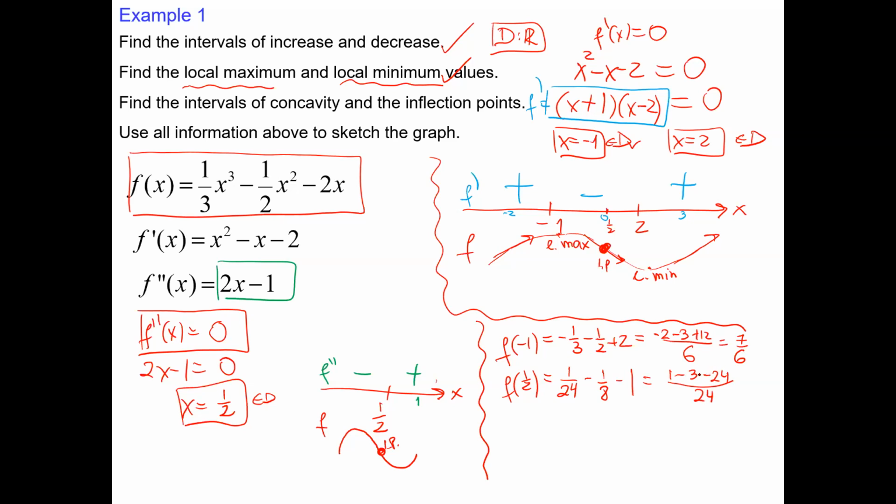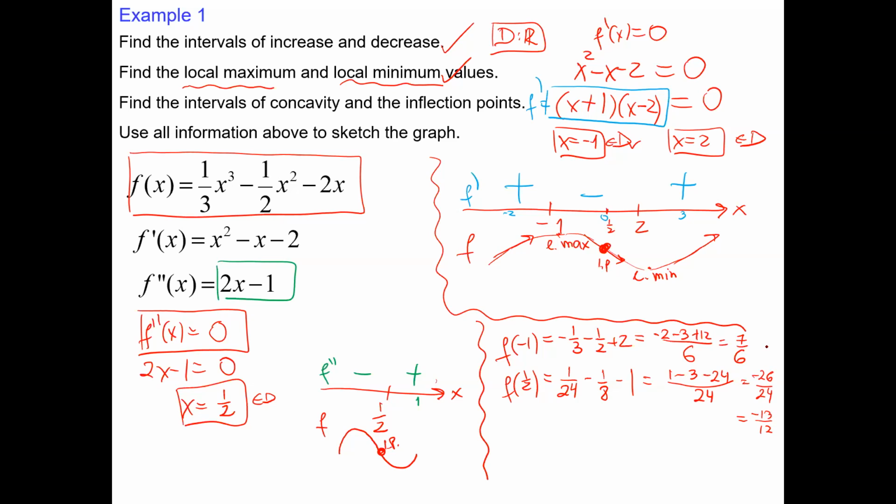Actually, is this a negative number? I think it is. Let me double check. We will have negative 26/24. This will be negative 13/12. Negative 1 and 1/12.